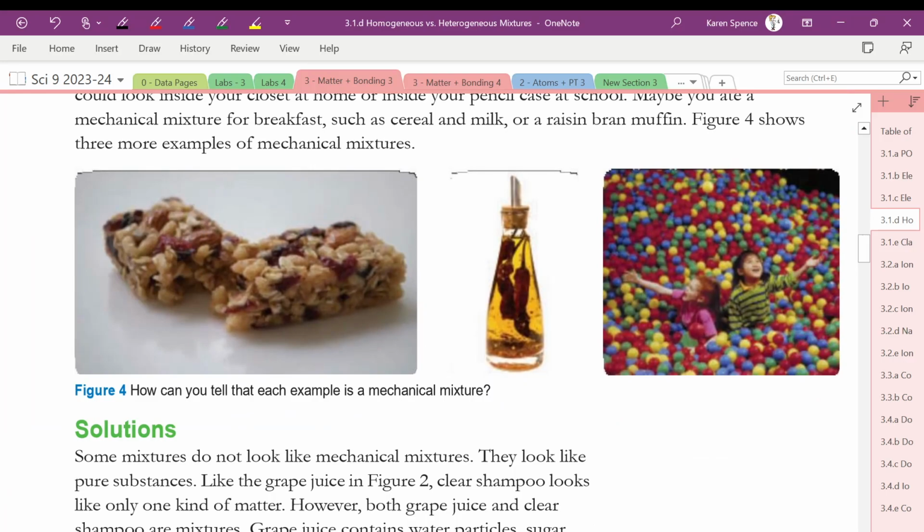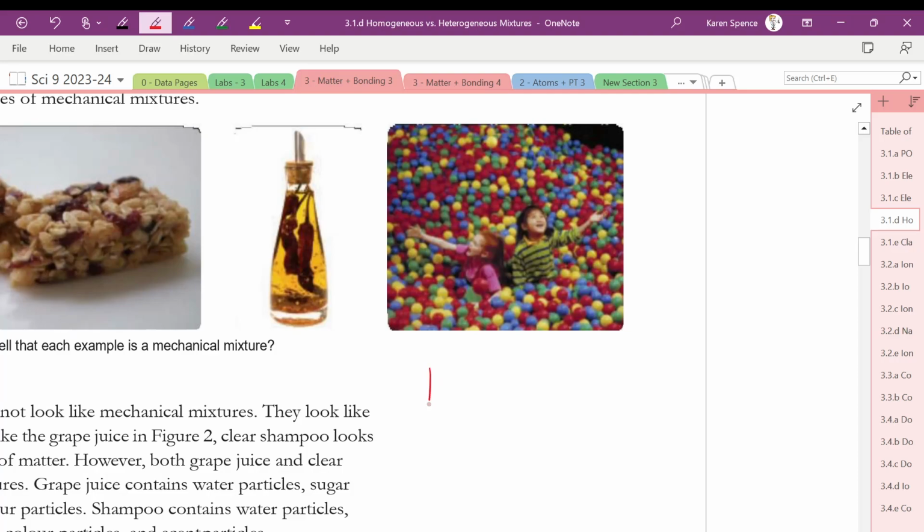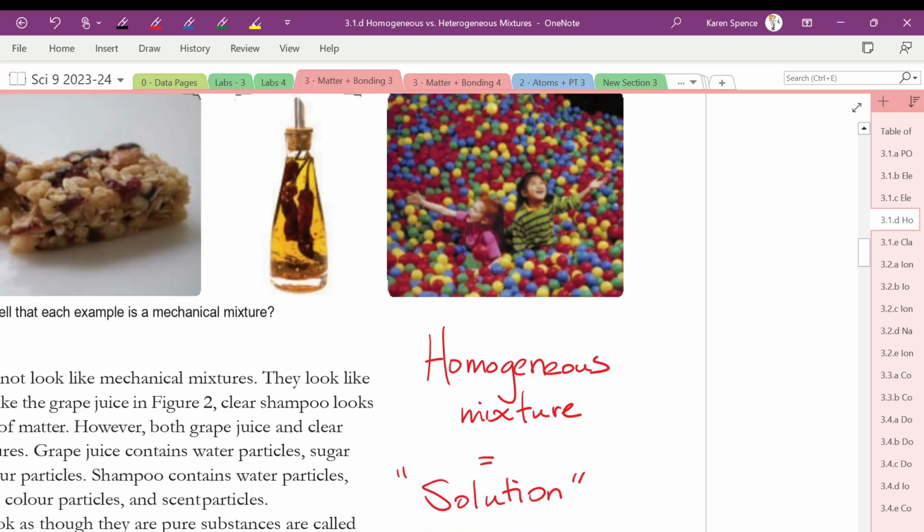Now, homogeneous mixtures also have another name, and that name is a solution. Yes. So a homogeneous mixture is also known as a solution.